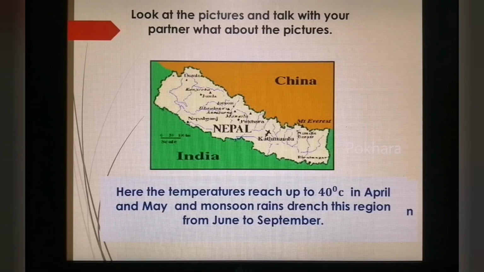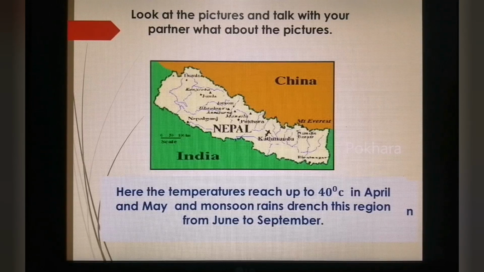Here, that means in southern Nepal, the temperatures reach up to 40 degrees Celsius in April and May. I'm repeating the information again. In the southern part of Nepal, the temperatures reach up to 40 degrees Celsius in April and May. And monsoon rains drench this region from June to September.